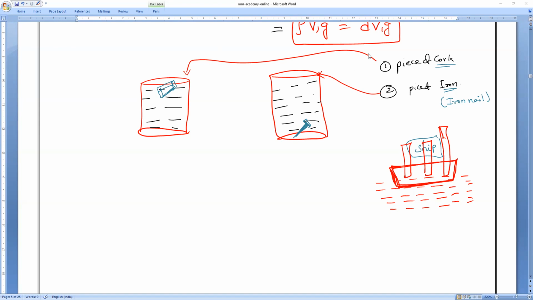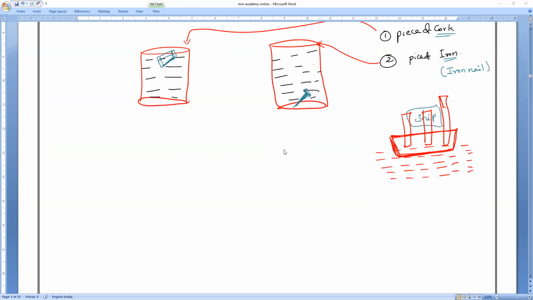So let us discuss what it is. What exactly do floating and sinking mean? Be very careful. If I take any kind of object, whether it is floating or sinking, doesn't matter. Always remember, if an object is immersed in a liquid partially or completely, or it is floating, whatever it is, the body always experiences two forces.